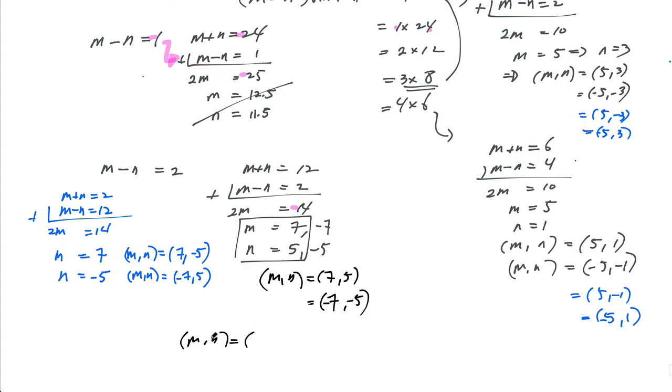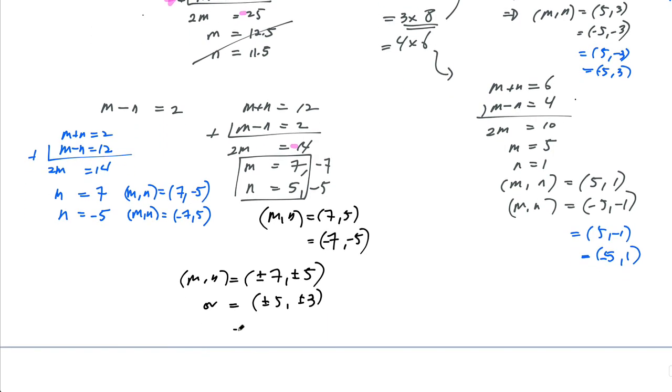What's happened here is m and n can be plus minus 7, plus minus 5. Okay, and it can also be plus minus 5, plus minus 3, and plus minus 5, and plus minus 1. So there's a total of 4 here, 4 here, 4 here, a total of 12 different possible pairs of answers for m and n.